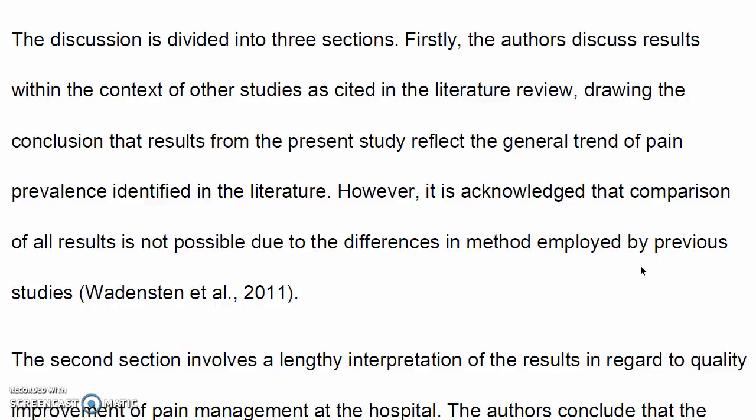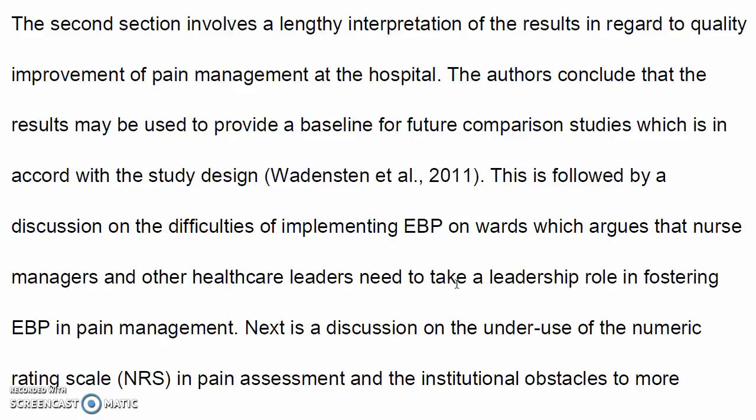Okay, then he's going on to discuss the discussion. It acknowledged that a comparison of all results is not possible due to differences in method employed by previous studies. So that's good. He's demonstrating that the authors can see that there's some issues there as well.